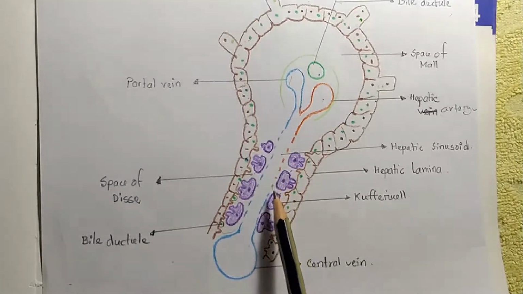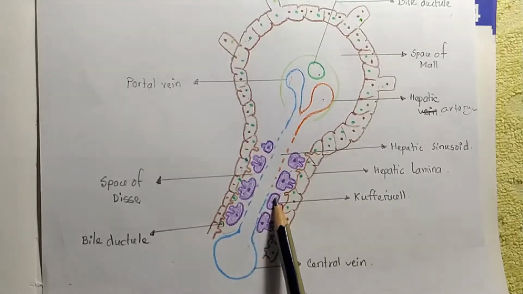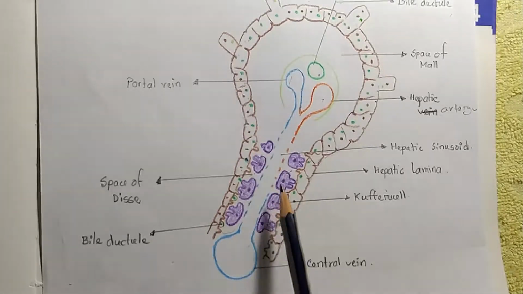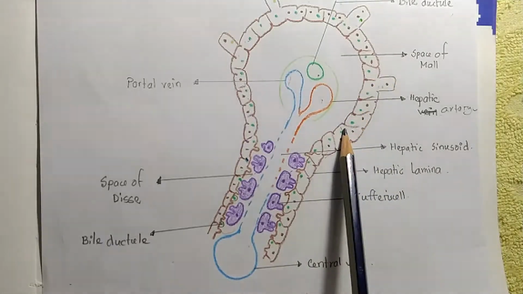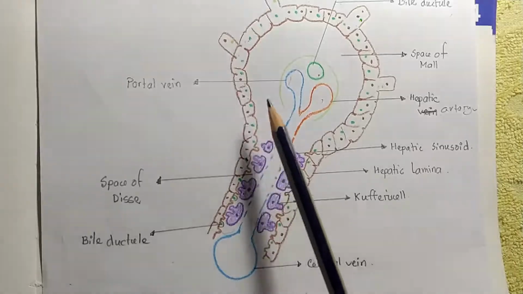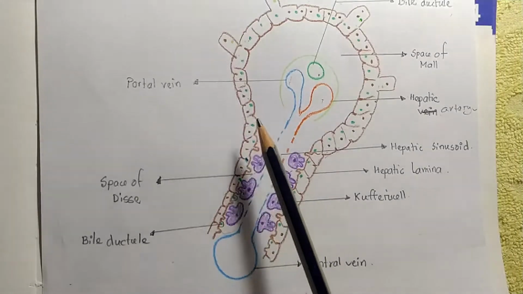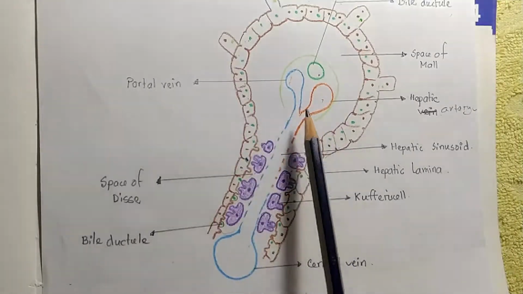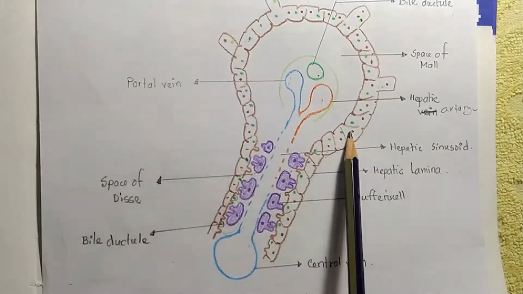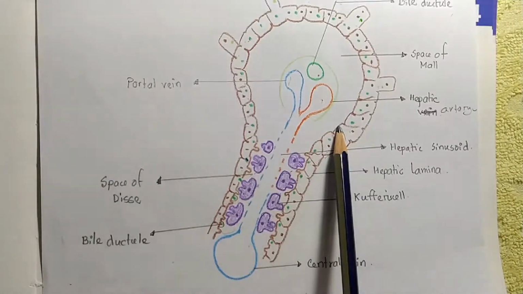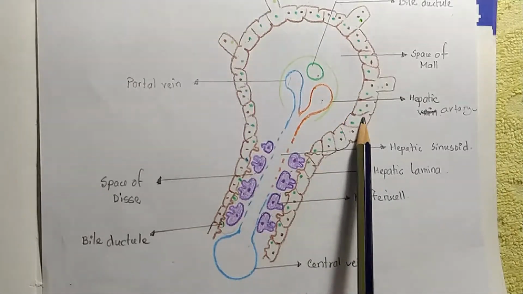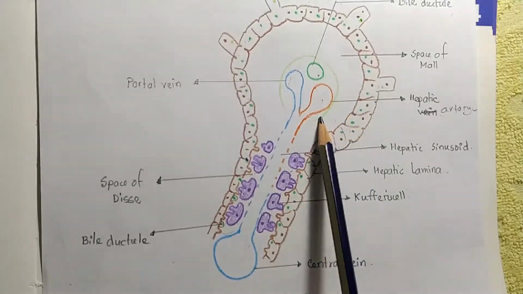Other proteins like albumin, prothrombin, fibrinogen, everything can be produced in the liver, like angiotensinogen, angiotensin and erythropoietin. Sometimes they are also produced in the liver, and the liver has an erythropoietic function. It will produce RBCs or red blood cells. It can also produce vitamin K dependent clotting factors, which help in coagulation.